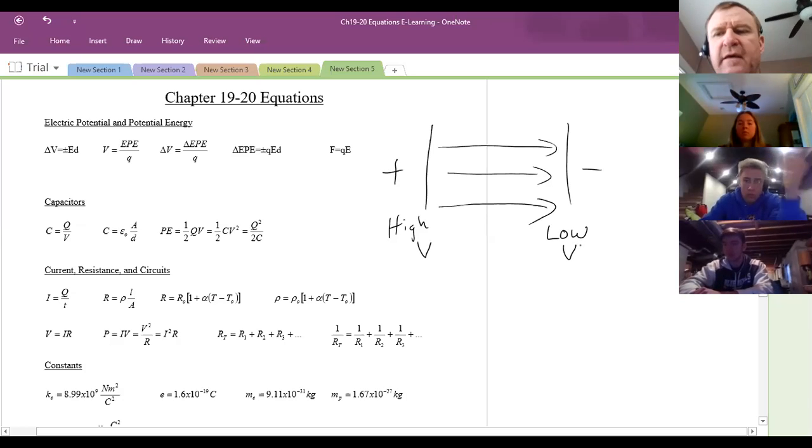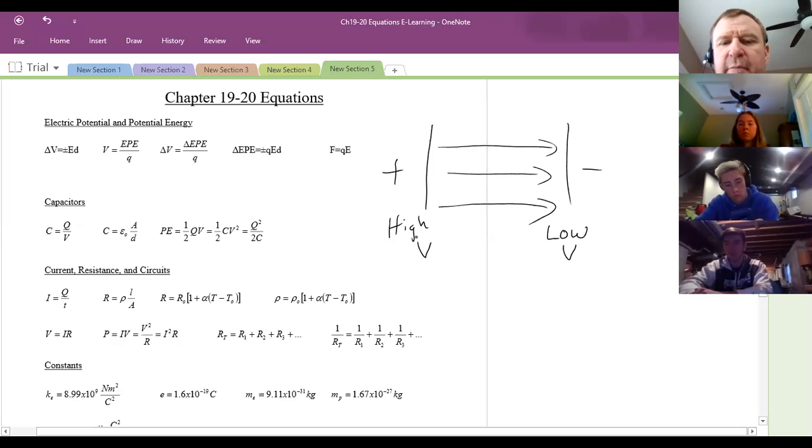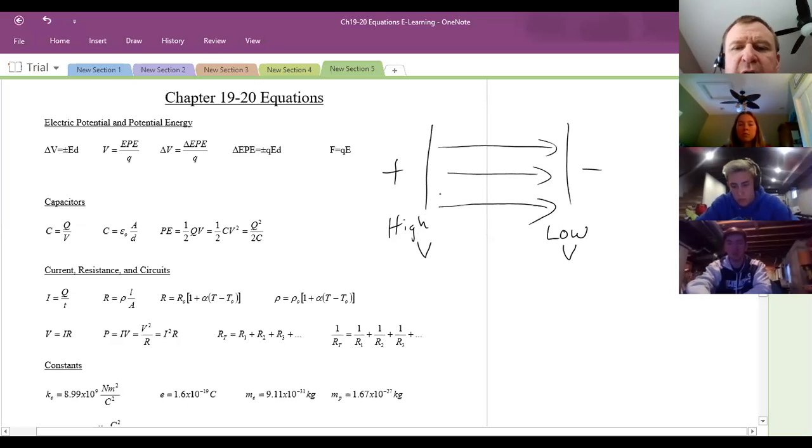Doesn't matter what's in that field, if anything, that's always going to be the case. Okay, so if you have a charge moving this direction in the electric field, it's going from a higher potential to a lower potential, so it's decreasing its potential. So its change in potential or potential difference would be negative, so that takes care of that sign there. And if it's going this way, you're increasing potential, so that'd be a positive change.